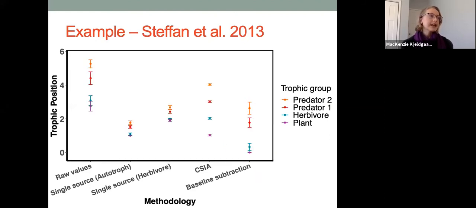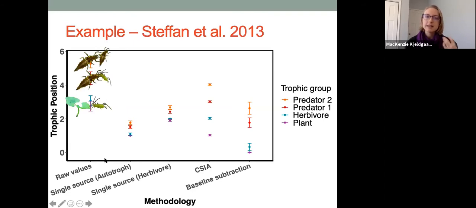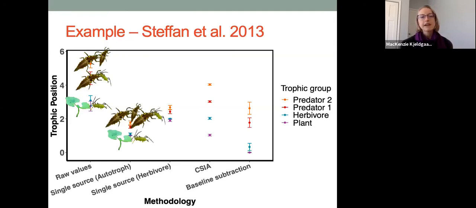When we fill in the data here, again, we see some pretty big differences in the actual estimate. But when we look at statistically analyzing those trophic groups, first looking at raw values, we see 3 statistically distinct trophic levels. Whereas when we look at a single source formula, we get only 2 statistically distinct trophic levels. And finally, for compound-specific isotope analysis, we get our expected 4 statistically distinct trophic levels.